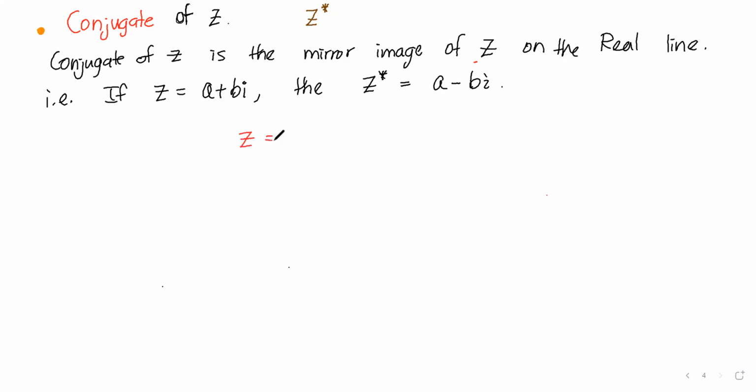If you have Z equal to A plus BI, Z star is A minus BI. These are conjugate pairs.